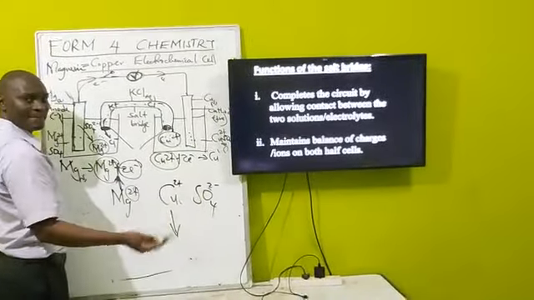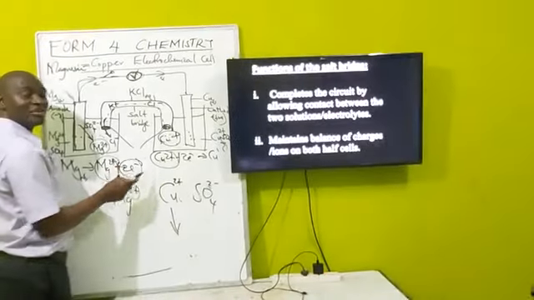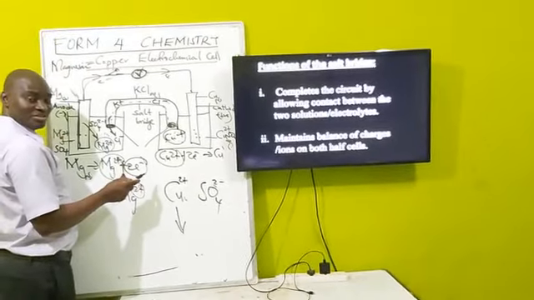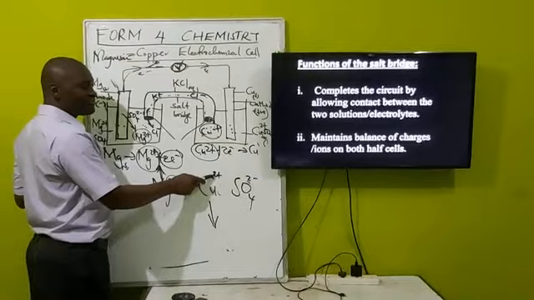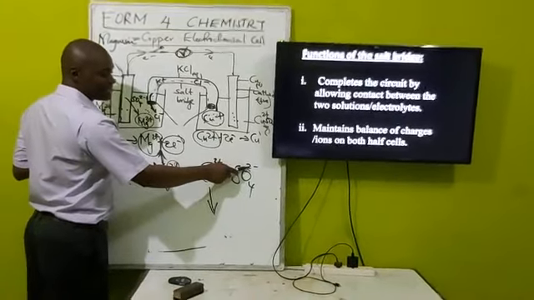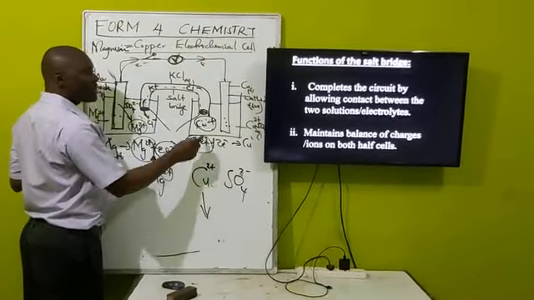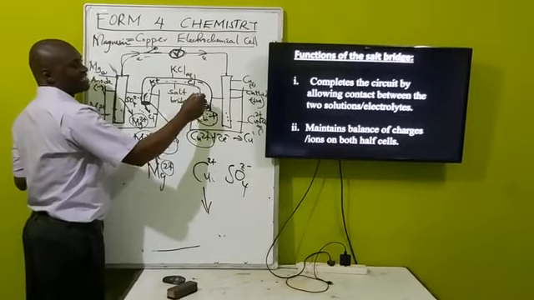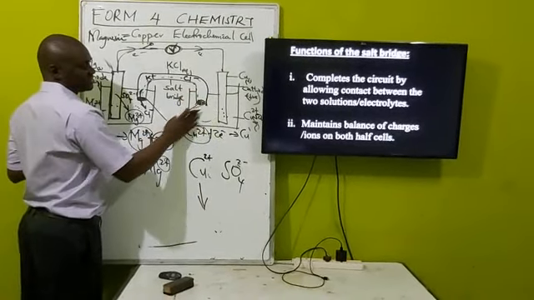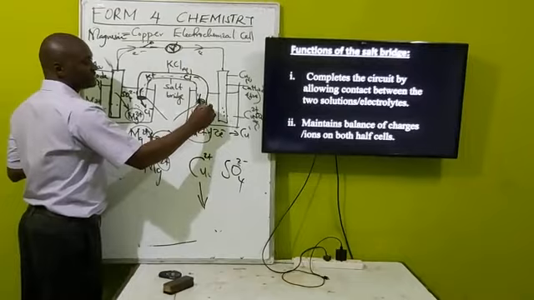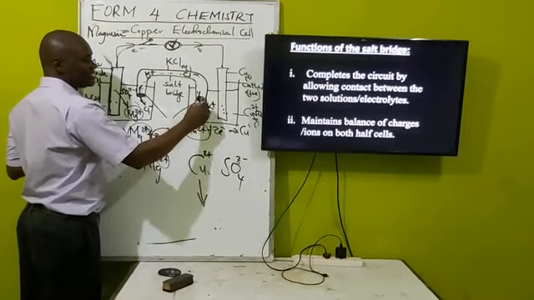So there will be an imbalance in this electrolyte, which cannot take place. To ensure that we have the same number of positive charges as negative charges, as copper 2 is being used up, the potassium ions will diffuse into the solution.